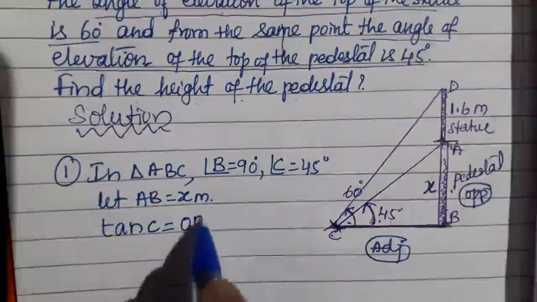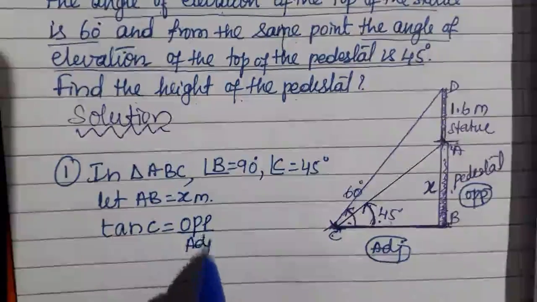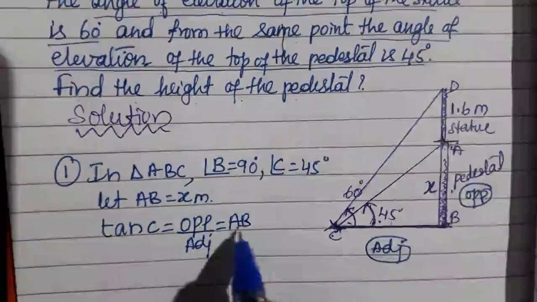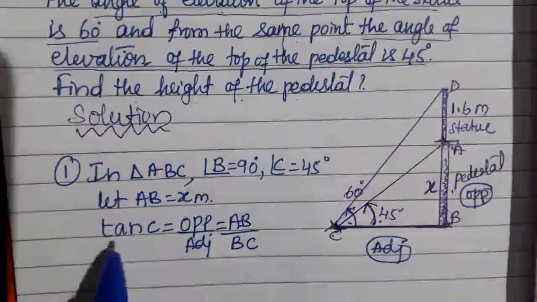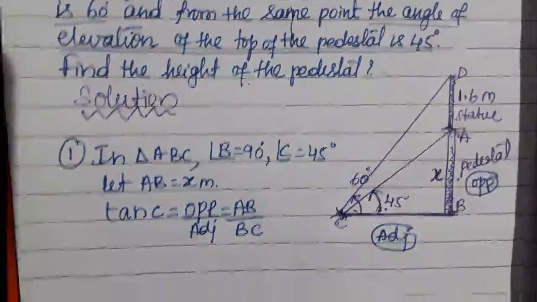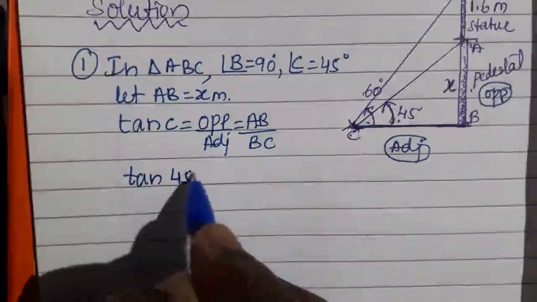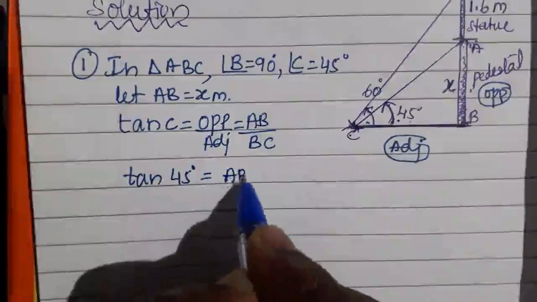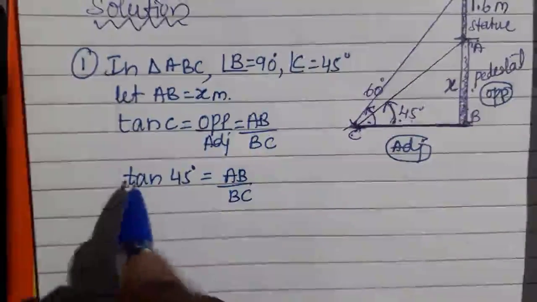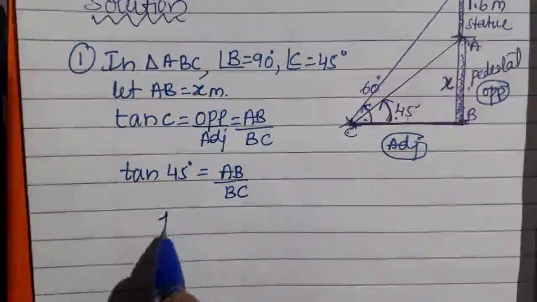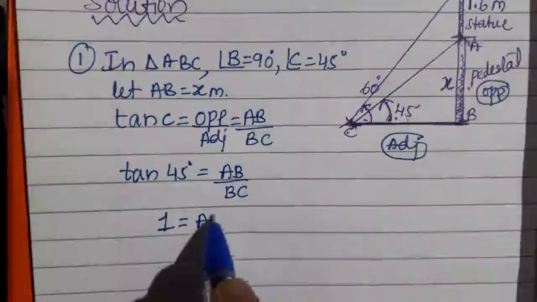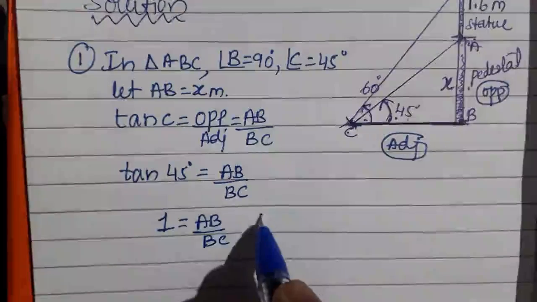Tan C is equal to opposite by adjacent is equal to AB by BC. Tan C is 45 degree. So tan 45 degree is equal to AB by BC. What is the value of tan 45? It is nothing but 1. 1 is equal to AB by BC.